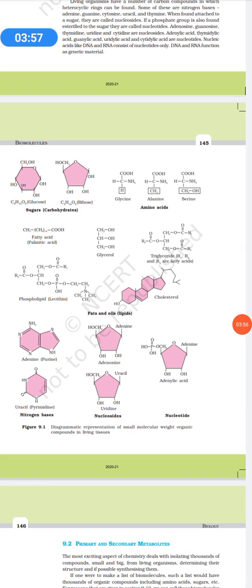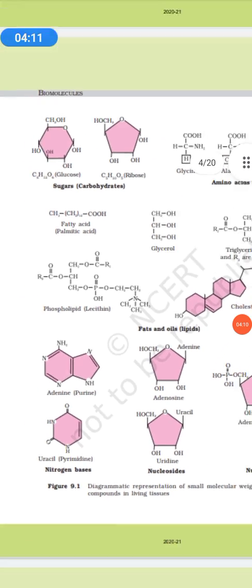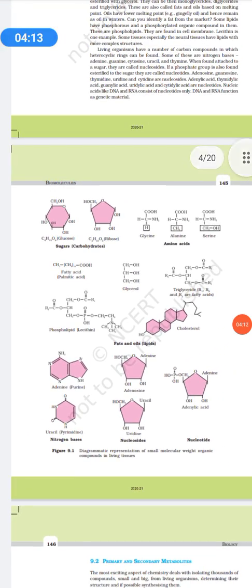Amino acids like glycine, alanine, serine. Then we have fatty acids, fats or oils, which are lipids, cholesterol, and so on. We have nitrogen bases, purine and pyrimidine, that is nucleoside and nucleotide. Among nucleosides we have adenosine or uridine, and among nucleotides we have adenylic acid. So this is the basic structure.